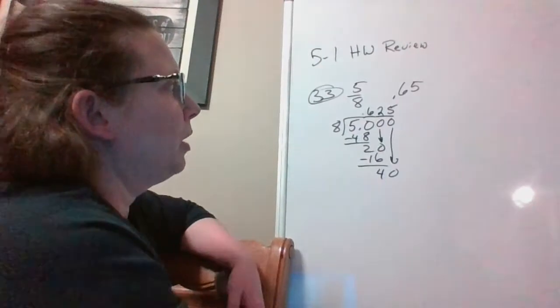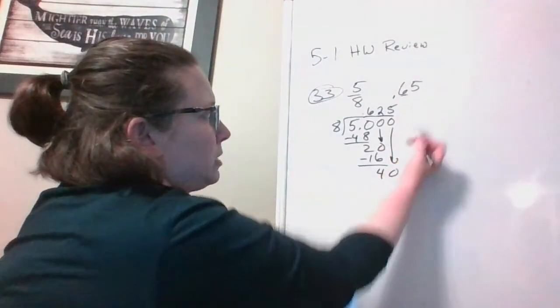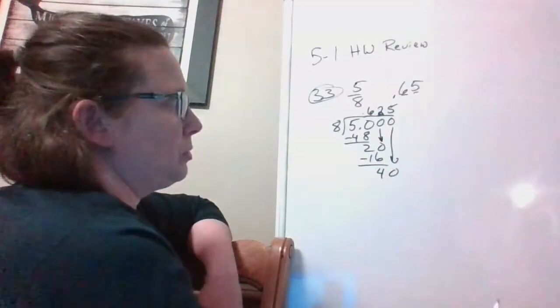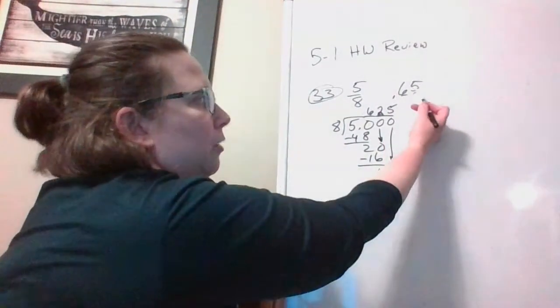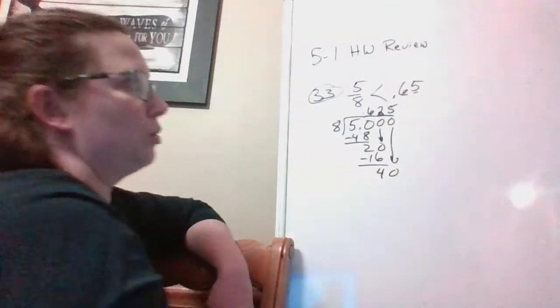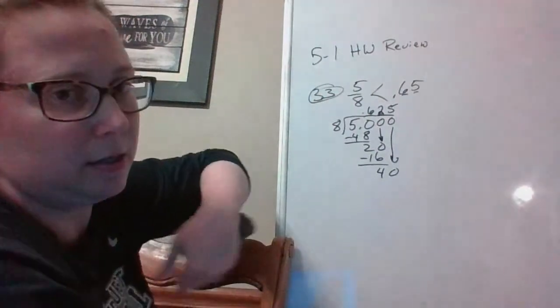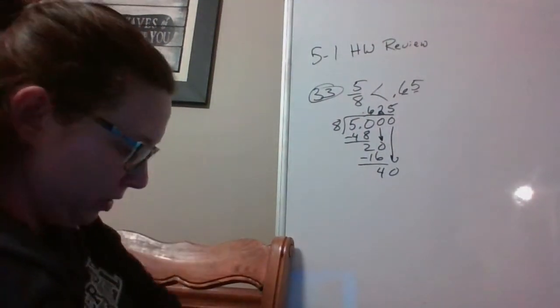And there we have it. When you compare our decimals, our tenths are the same, our hundredths are different. So that's where we can make our comparison. 5 is bigger than 2, so you would put a less than sign in. 5/8 is less than 65 hundredths.